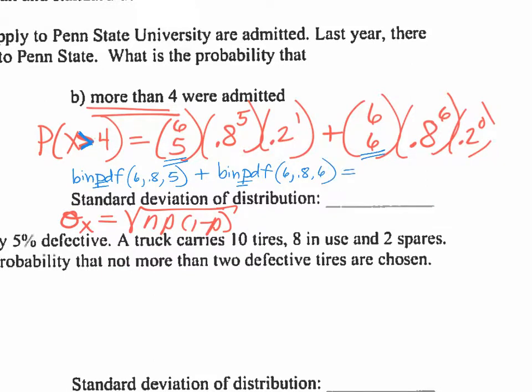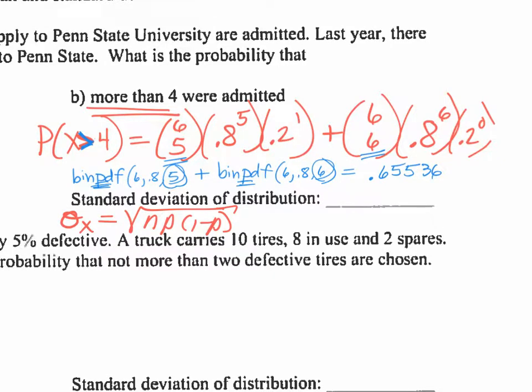So you can do that, and that will get you the answer 0.65536, I think. Okay, so you could just add the 2: PDF of 5 successes plus PDF of 6 successes.